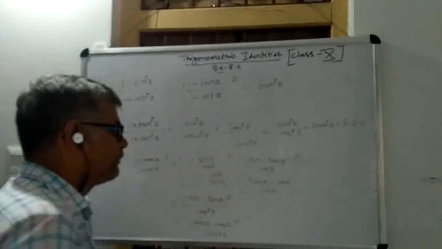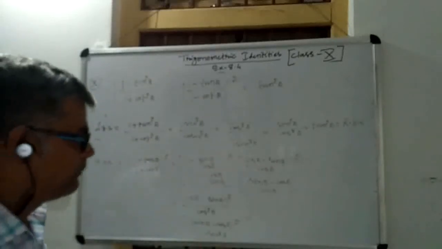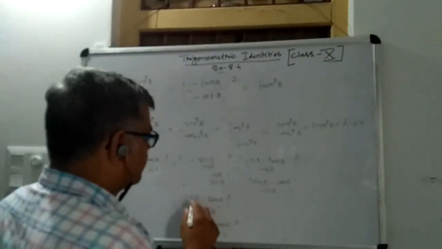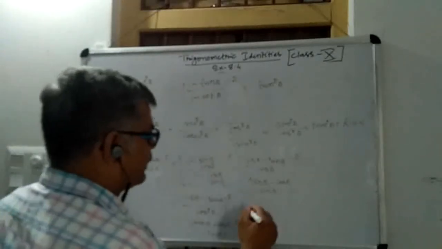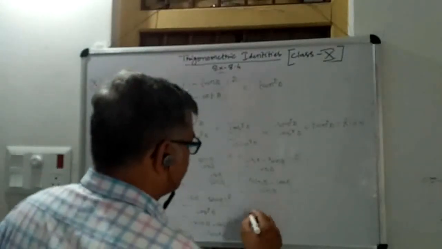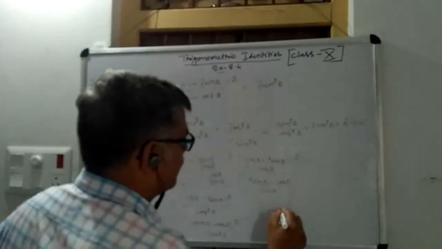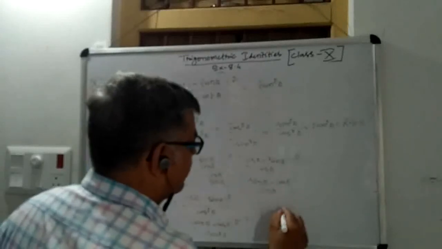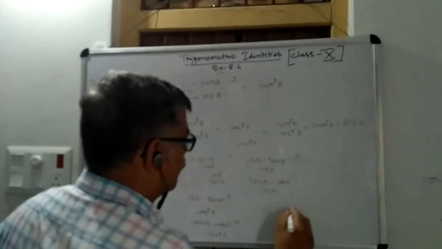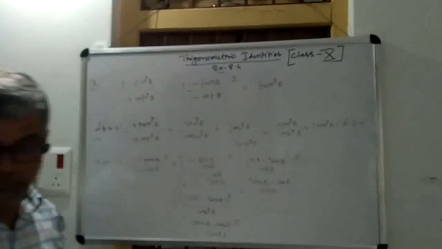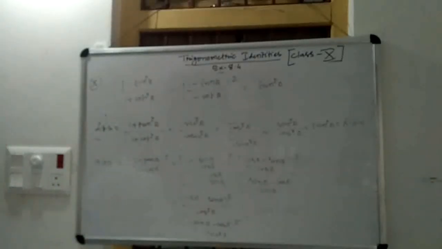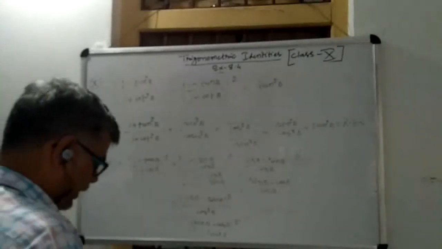So when the first term is multiplied with the second term, cos A minus sin A whole square can also be written as sin A minus cos A whole square.